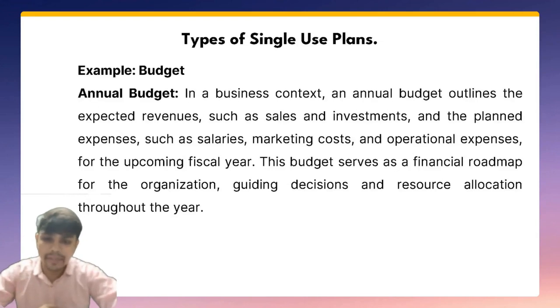Annual budget in business context: the expected revenue such as sales and investment, the planned expenses such as salary, marketing cost, operational expense for the upcoming fiscal year, and this budget serves as a financial roadmap for the organization, guiding decisions and resource allocation throughout the year.